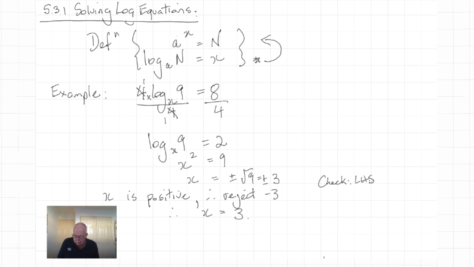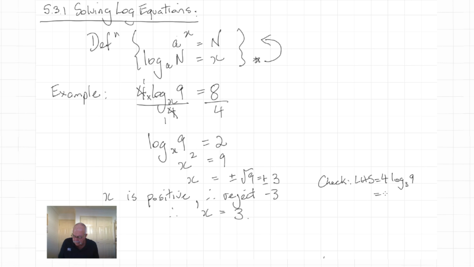The left hand side of my original equation was 4 log to base, now we're saying x is equal to 3, so log to base 3 of 9. This is asking, forget about the 4 at the moment, what's the power you must raise 3 to get the number 9?